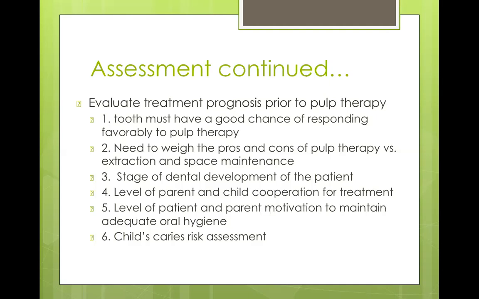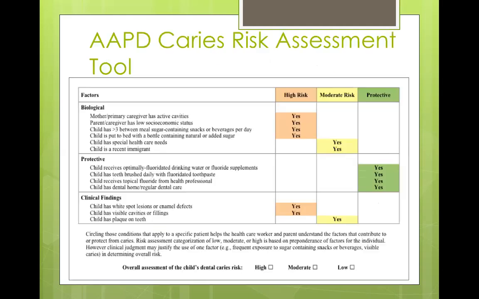I just let the parents know, I don't think we can save the tooth. It's probably easier to extract this tooth. If we're going to the OR though, if we're going to have the patient under general anesthesia, I of course will do a pulpotomy.